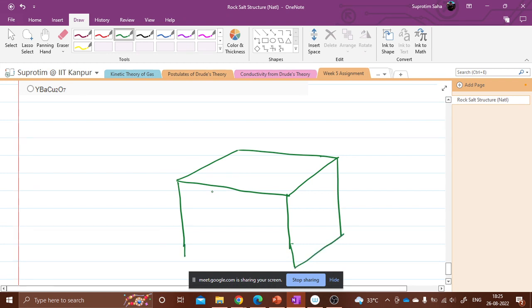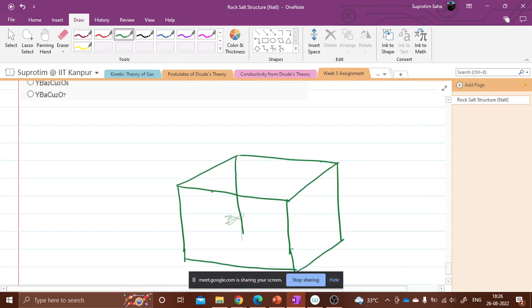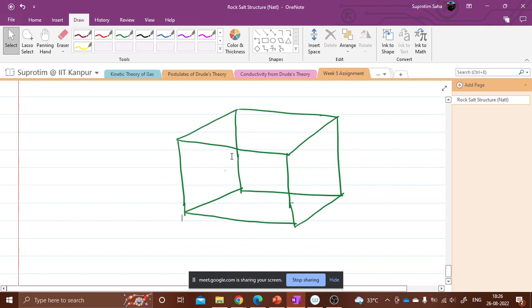So this is here, this is this, and this is this. Now you have to divide the cube into 8 cubes. How will you do that?